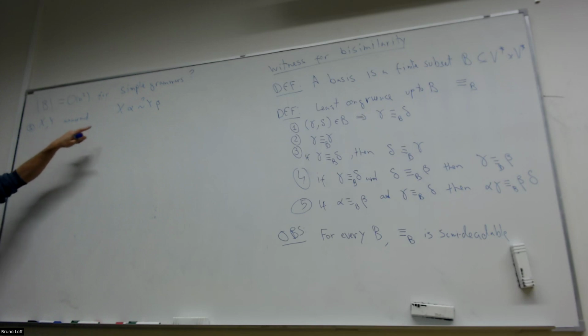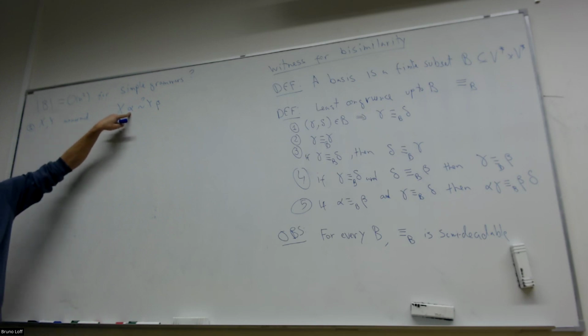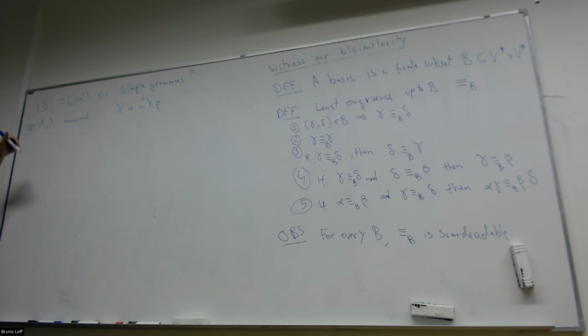We know that we can never reach alpha in x alpha, because the only way to reach alpha is somehow for x to become the empty word. So in particular, this means that x must always be bisimilar to x alpha, because any transition that you do here will be matched with the same transition that you do here, and this alpha is never reachable. And also y beta is bisimilar to y for the same reason.